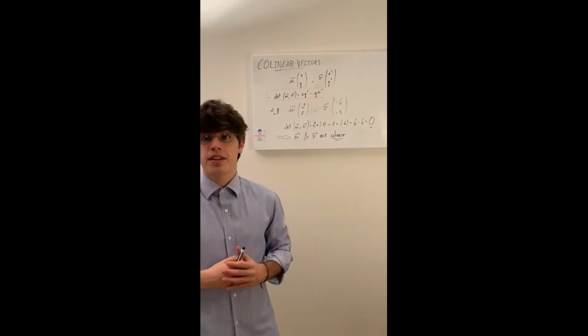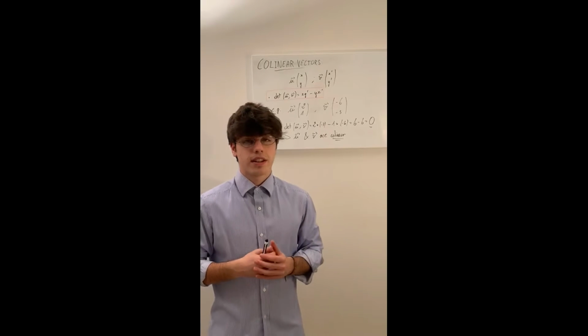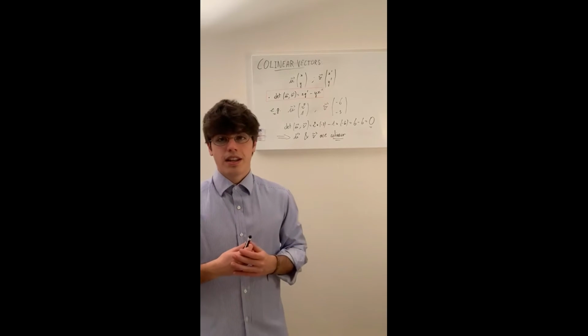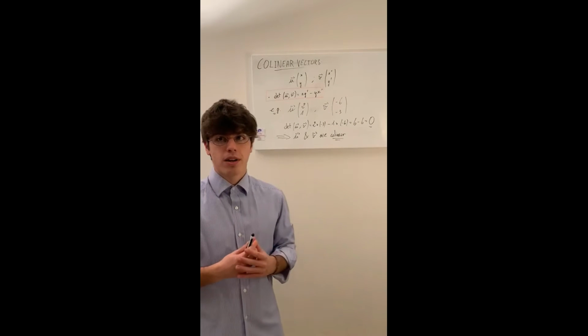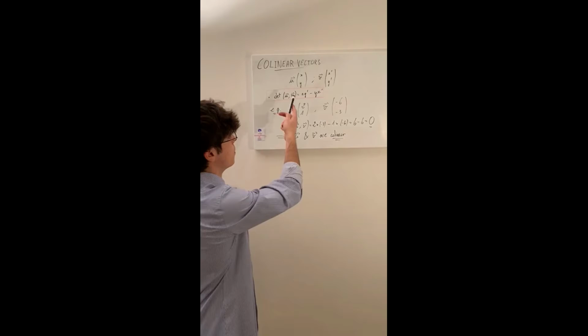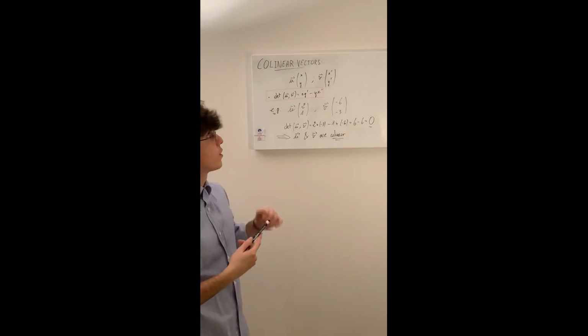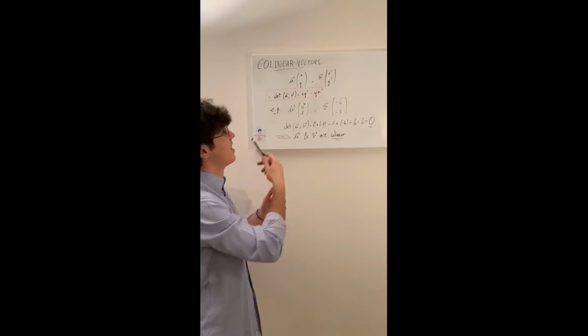But how to find whether two vectors are collinear or not? There are several methods in order to determine it. Let's start with the first method. In the reference frame, we give the vector u with coordinates x, y, and the vector v with coordinates x prime and y prime.